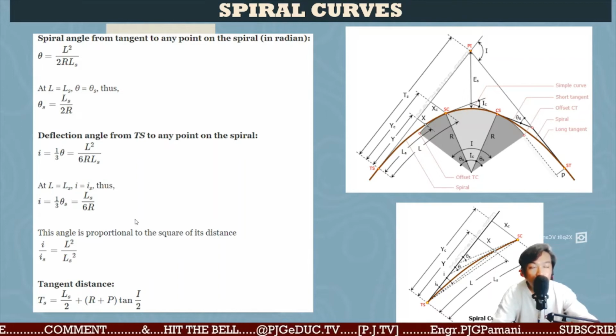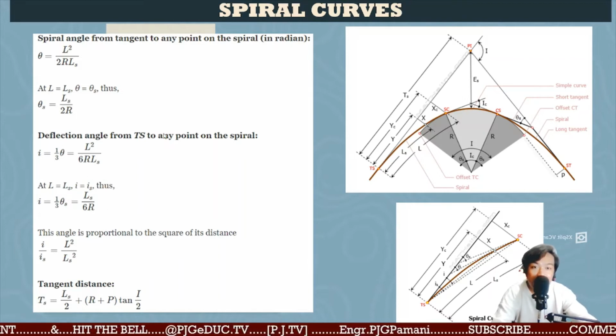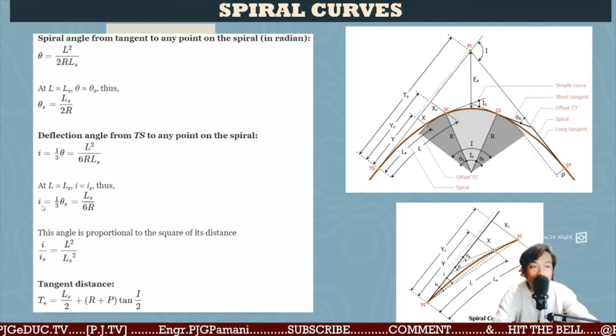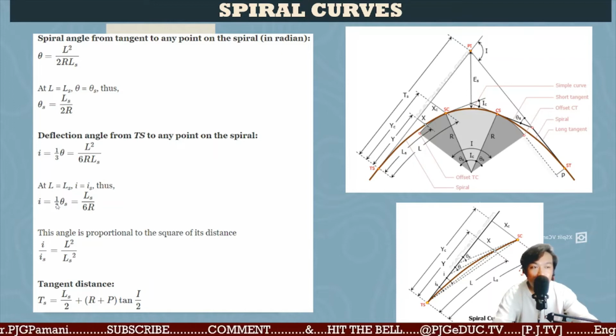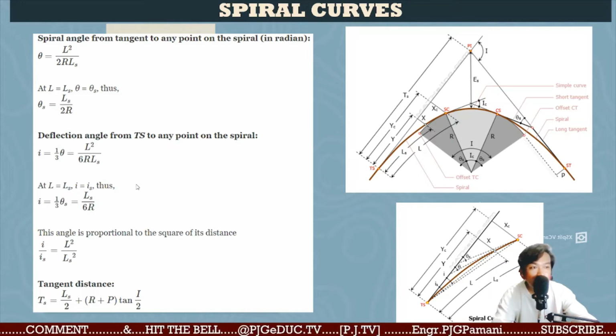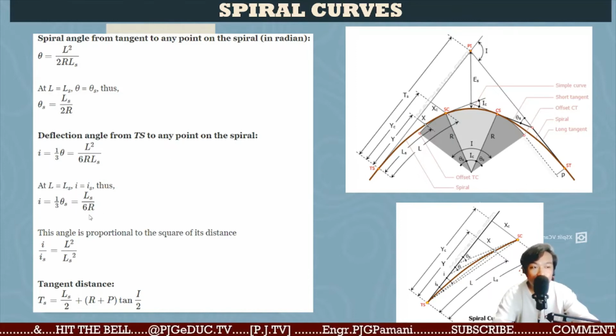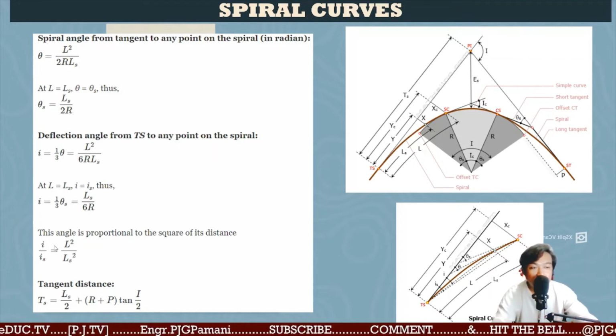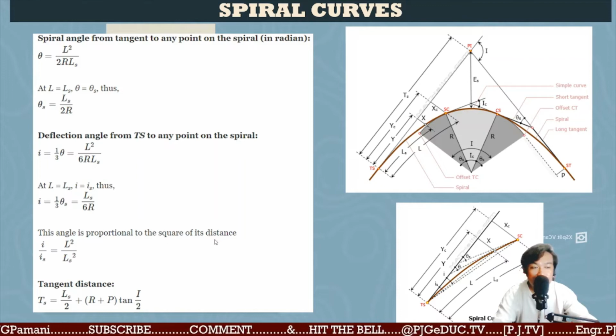Okay, then LS is the total length of the spiral curve. Then if you're going to consider the deflection angle of the said spiral curve, that is IS, nakalimutang ilagay dyan, that should be I sub S, 1/3 of theta S, equal to L sub S, or the total length of the spiral curve, over 6 times the radius of the simple curve. Then this angle is proportional to the square of its distance.